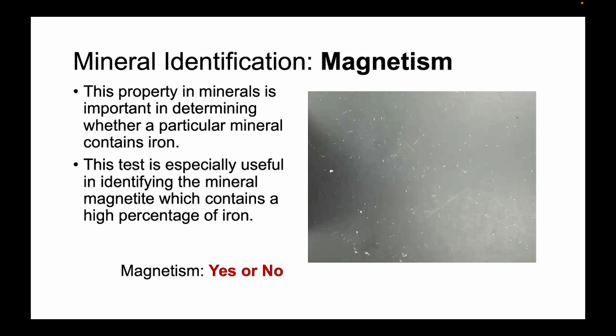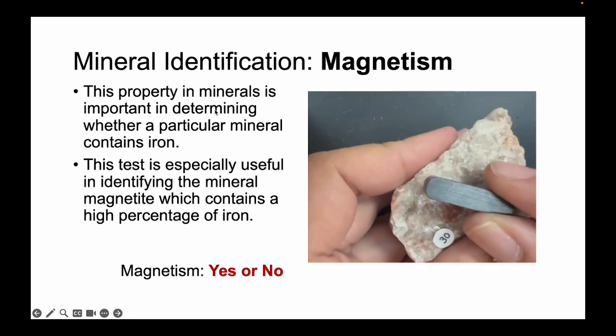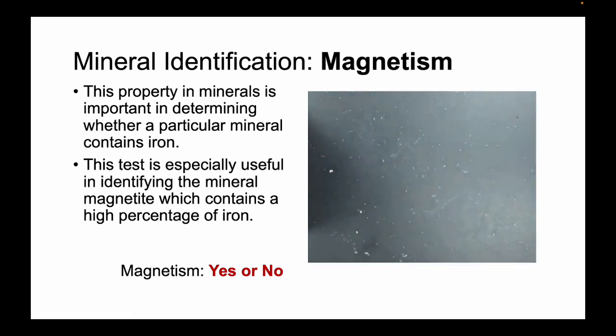Next one, we have the magnetism. This property in a mineral is important to determine whether the mineral contains iron or not. The test is especially useful to identify the mineral magnetite, which contains a high percentage of iron. So, meaning to say, if that particular mineral has magnetism activity, it contains a high percentage of iron.